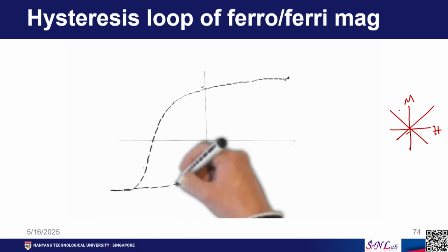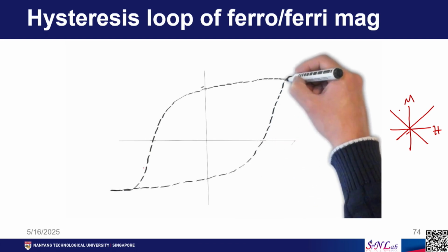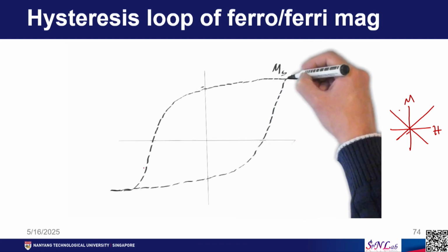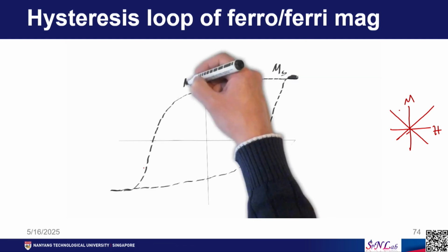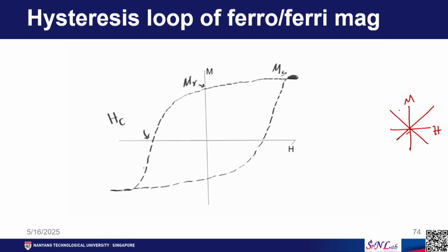It is tracing a different path. Now you go to the other direction, you reduce the magnetic field, again it traces another path. So you see that it creates a loop, and this loop is called the hysteresis loop. So this is a typical behavior of ferro and ferrimagnetic materials.